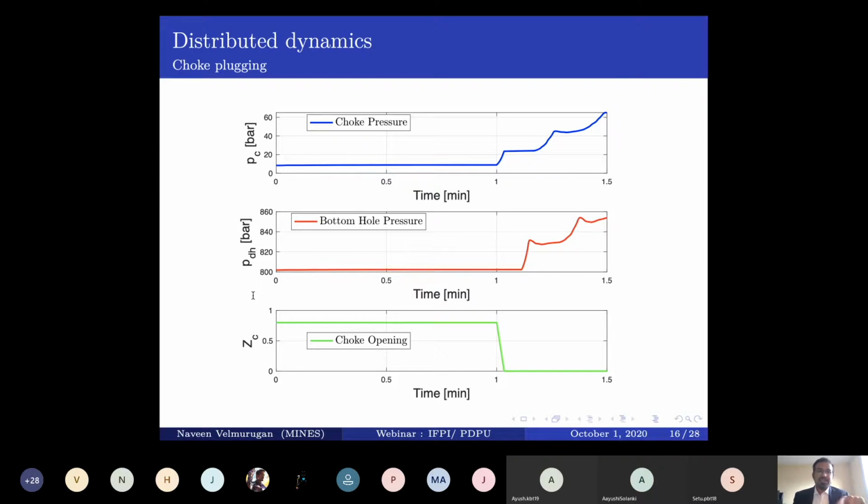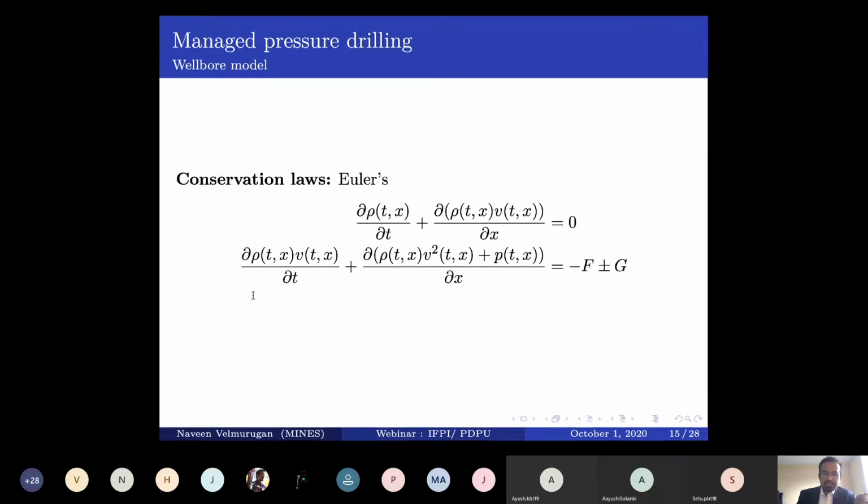So how do we achieve this particular simulation is by using this particular model, right? So this is the distributed dynamics of the fluid flow in a single one-dimensional pipe, that is given by Euler's equation. The first equation is your mass balance.